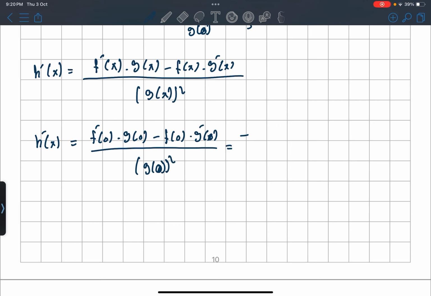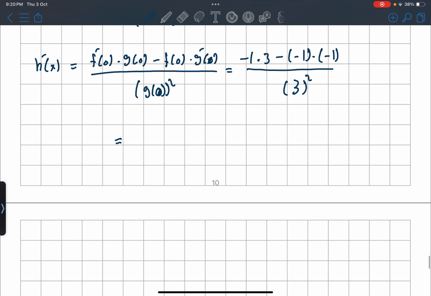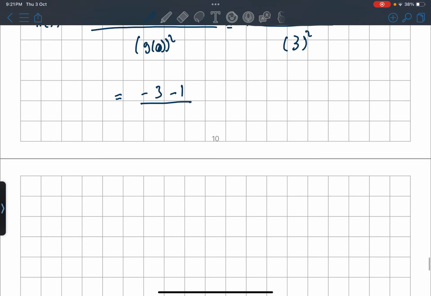It will be minus 1 times 3 minus negative 1 times negative 1 over 3 squared, and it will be negative 3 minus 1 over 9 equal negative 4 over 9.